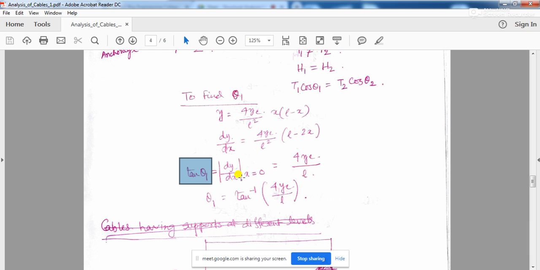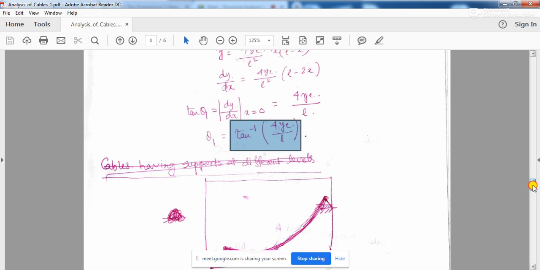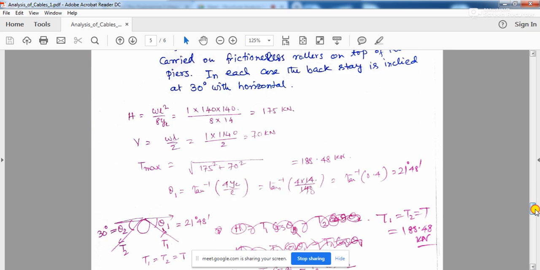So tan theta 1 at x equal to 0, the slope of the cable at the starting point of any pier, is 4yc upon L, and from that theta 1 is equal to tan inverse of 4yc upon L.